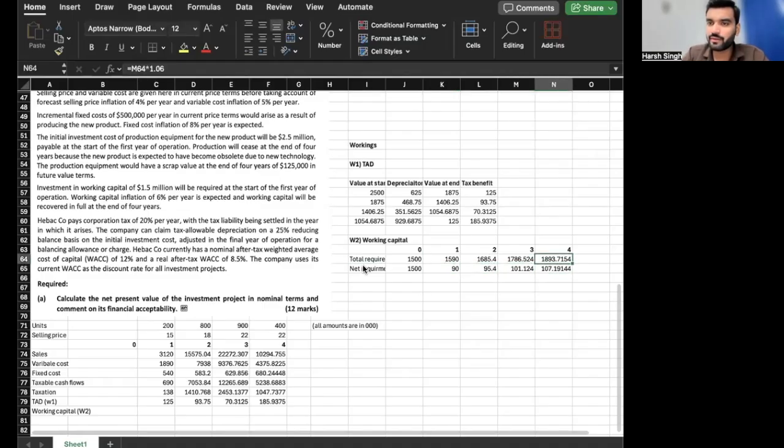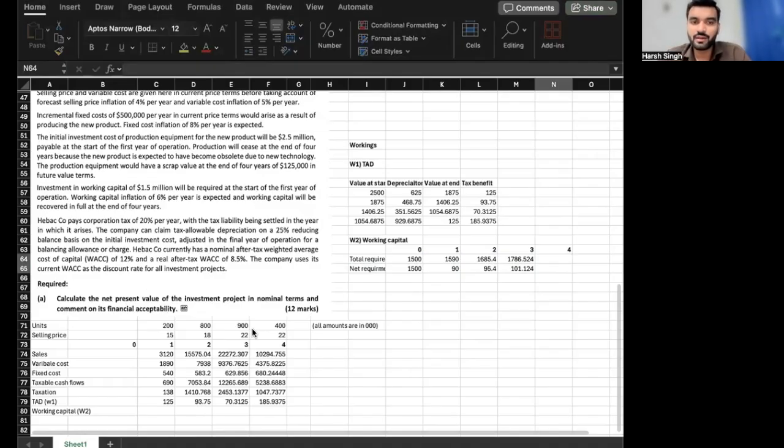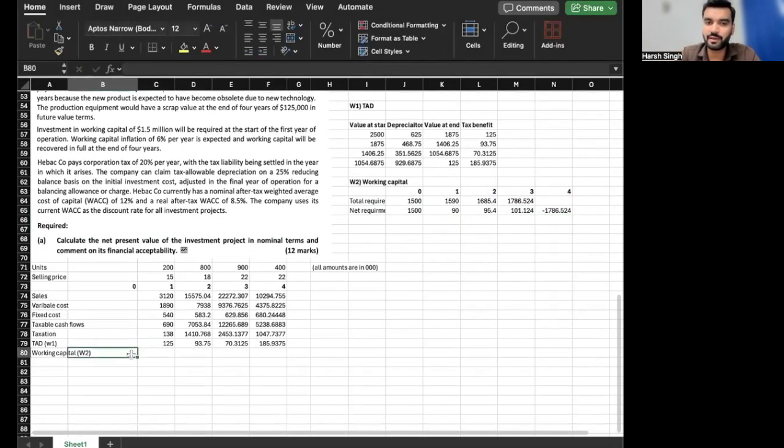Now, one more thing, everyone. Over here, at the end of year 4, I'll get all the money back. That's what the working capital actually means. I'll get everything back. So this will be the negative amount 1786. So now the working capital requirement will be negative 1500, negative 90, then negative 95.4, negative 101, and then negative. Simple.